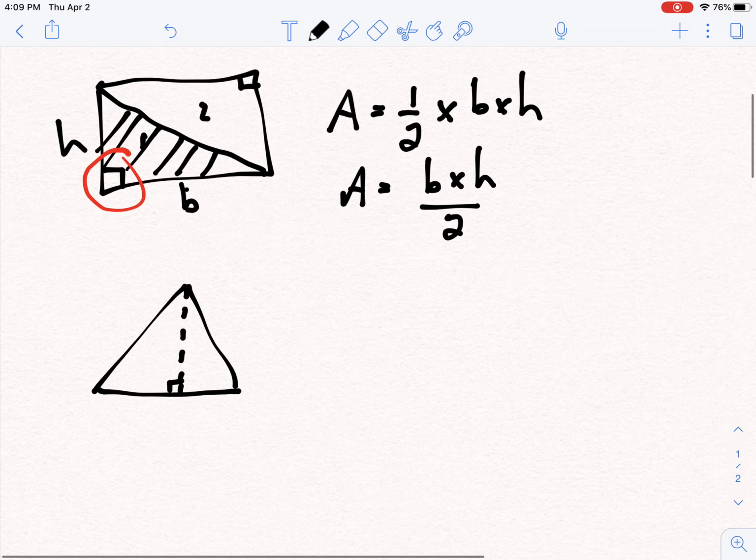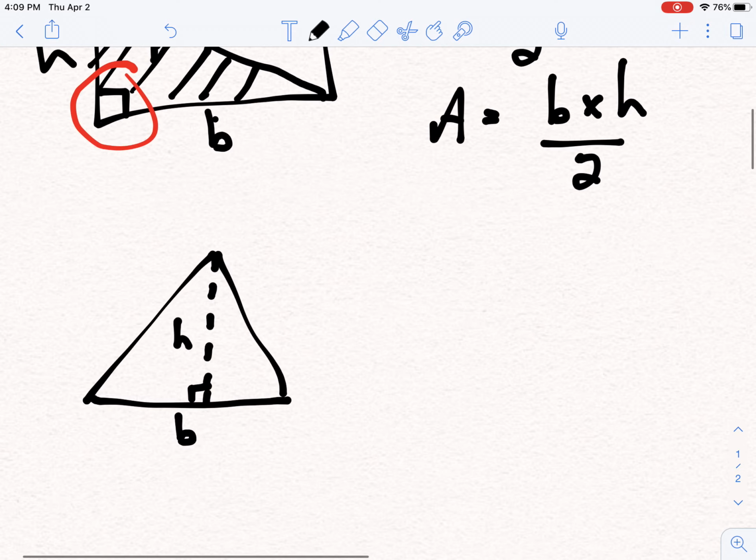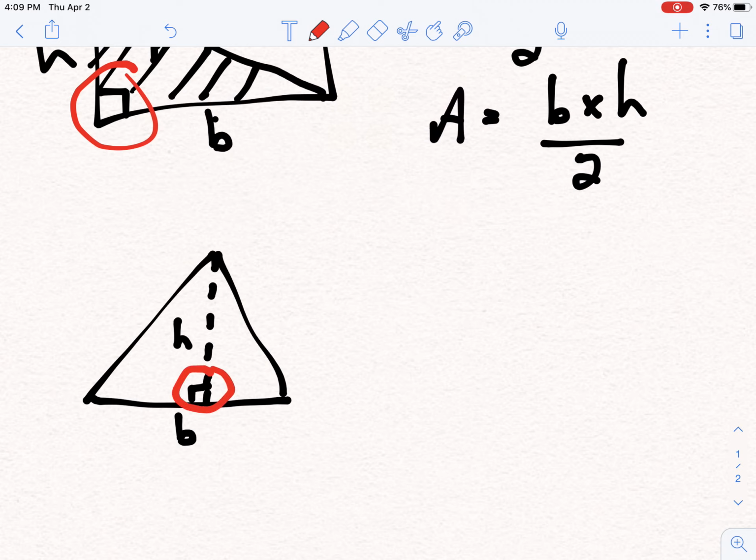So now these are no longer a height. My height is actually this dotted line where it's running down. And my base would be the line that this 90-degree mark is sitting at. And again, I have my 90 degrees right there. So that means my height is my dotted line and my base is going to be the bottom line.